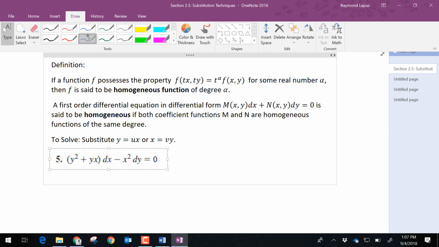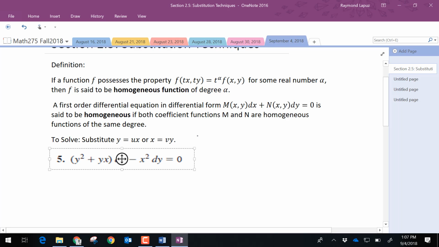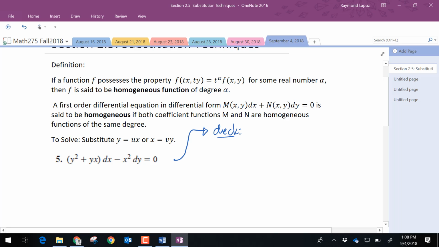We could do that by checking to make sure it's homogeneous, by taking your M and putting tx in for x and ty in for y. So that means this is your M function.